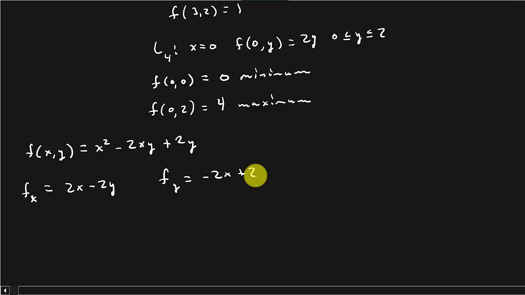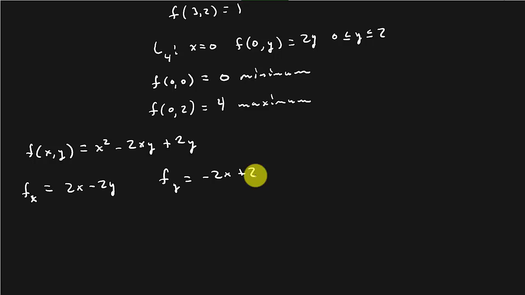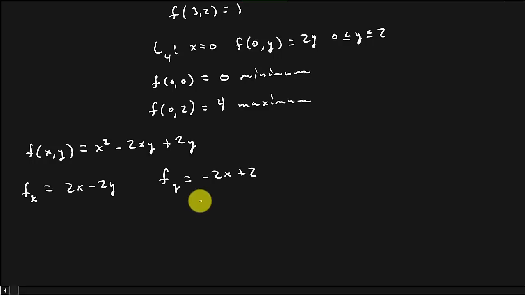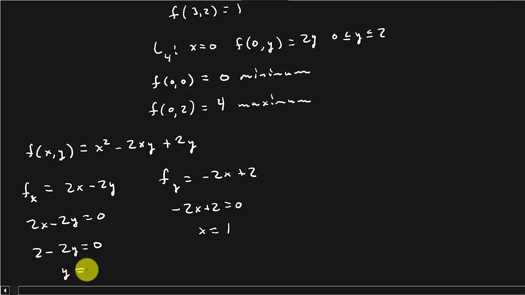All right. So here you can see we get x equals 1 when we set this equal to 0. Negative 2x plus 2 equals 0, so x equals 1. And then I plug that into here. 2x minus 2y equals 0. If I plug the 1 in for x, that's 2 minus 2y equals 0. So I get y equals 1.